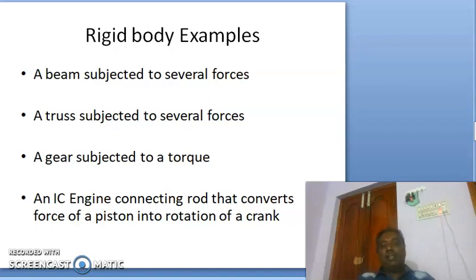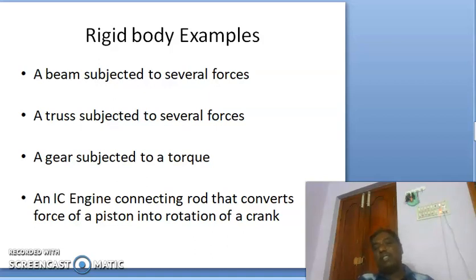A truss which is subjected to several forces. A truss is a structure where a number of elements are connected through pin joints. Then we have a gear subjected to a torque, and an IC engine connecting rod that converts force of a piston into rotation of a crank.